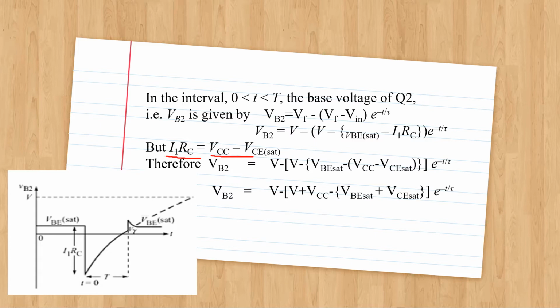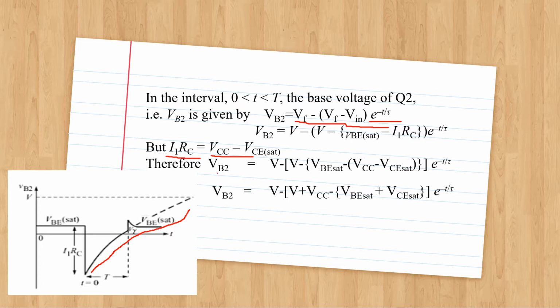Now let us write the basic equation for an exponential rising waveform. The basic equation for exponential rising waveforms is given by final output voltage minus initial output voltage multiplied by e power minus t by tau, where tau is the time constant at which it will rise.